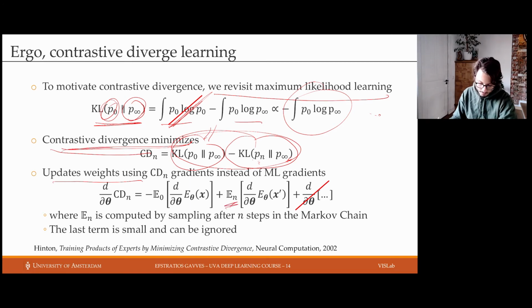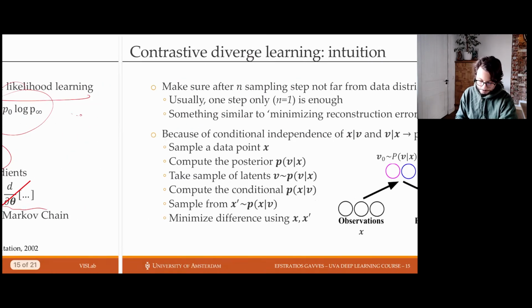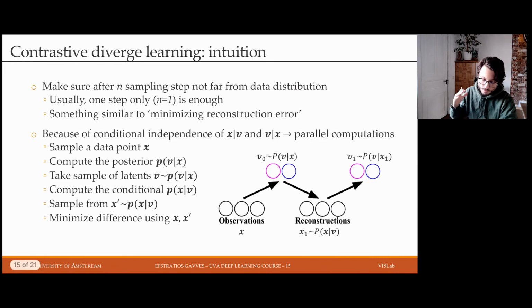Here, this is the expectation that we take after sampling for the nth time from our model. Now, if you were to do the precise derivations, you would have some extra terms. These terms are small and can be ignored. Now, some intuition behind contrastive divergence learning.